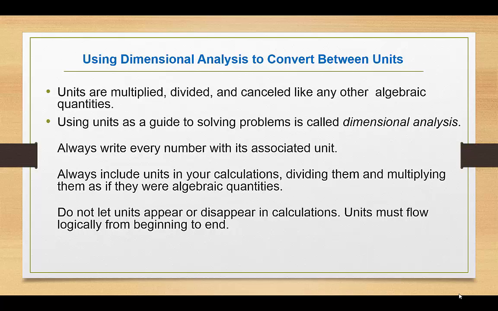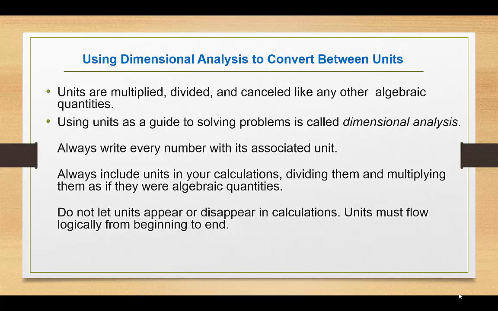They're real values. If you remember to do that, again, knowing unit analysis, dimensional analysis, can really save your skin. Don't let units appear or disappear in the calculations. So those units have to make sense all the way from beginning to end.